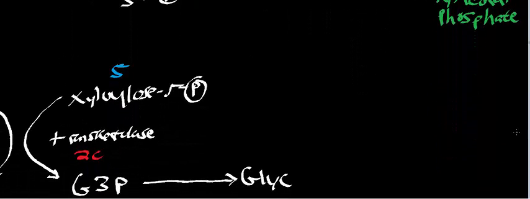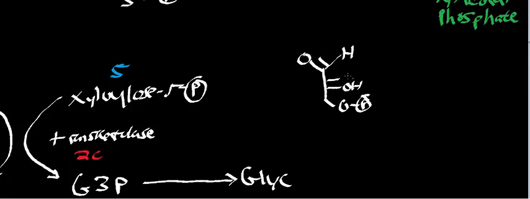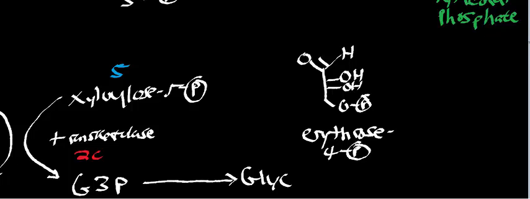Let's look at another example. Another example would be erythrose 4-phosphate. Erythrose 4-phosphate is essentially an aldose sugar, and it's four carbons. So here's what it looks like. This is erythrose 4-phosphate. And erythrose 4-phosphate can be used in many syntheses, but the most notable one, and by the way, this is another reaction that, as far as I know, is not used in humans, is the synthesis of chorismate.